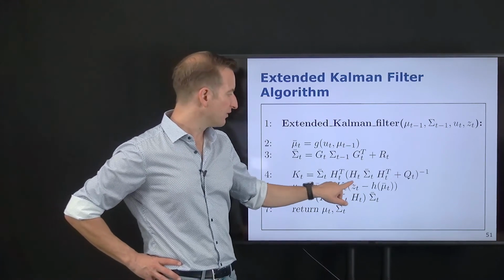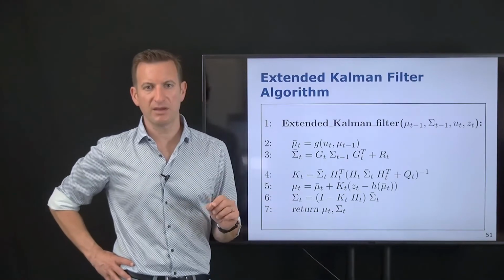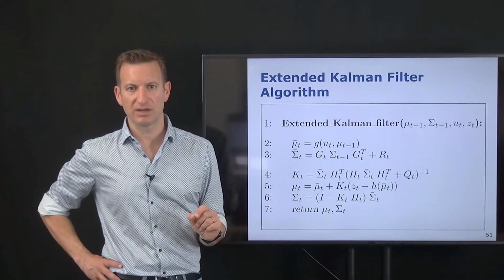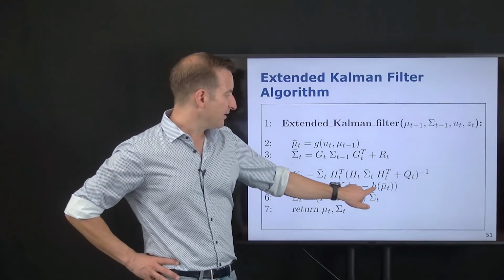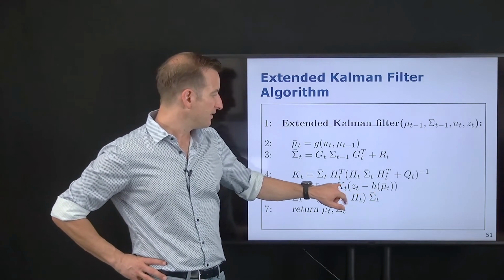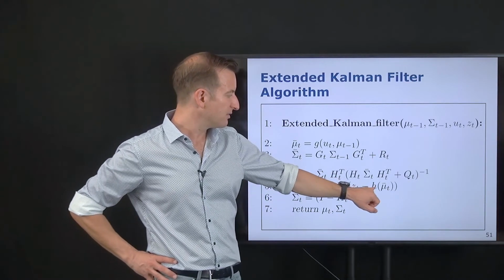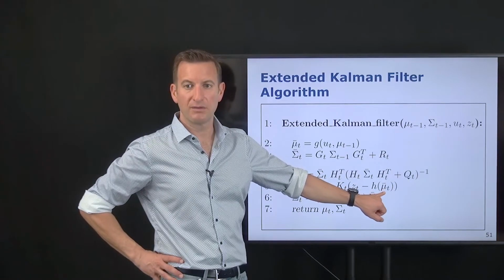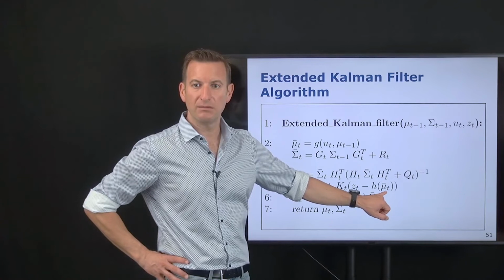Okay? So the product of these two terms will give me where I am given that sensor reading. What's my state given that sensor reading? And then this term over here will be the inverse of H times H of the mean. So only the mean will remain.